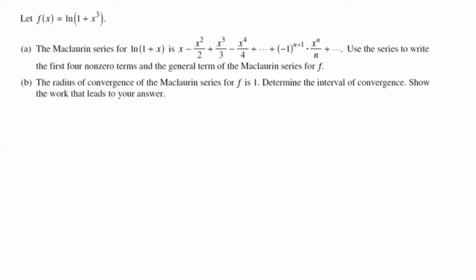Maclaurin series for f. So one thing you might recall is that this natural log comes from the family of 1 over 1 minus x. So 1 over 1 minus x is where this all begins, and that is 1 plus x plus x squared plus x to the third, etc., which is x to the n.